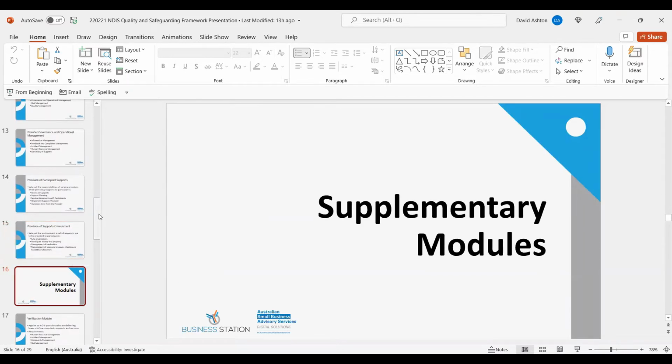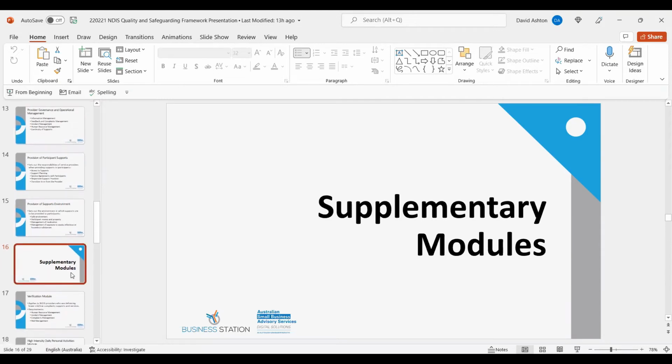So you need to develop policies and procedures around each of those core modules and put in place the right people, the right organisational structure, the right administrative support to allow those core modules to be delivered to your client.